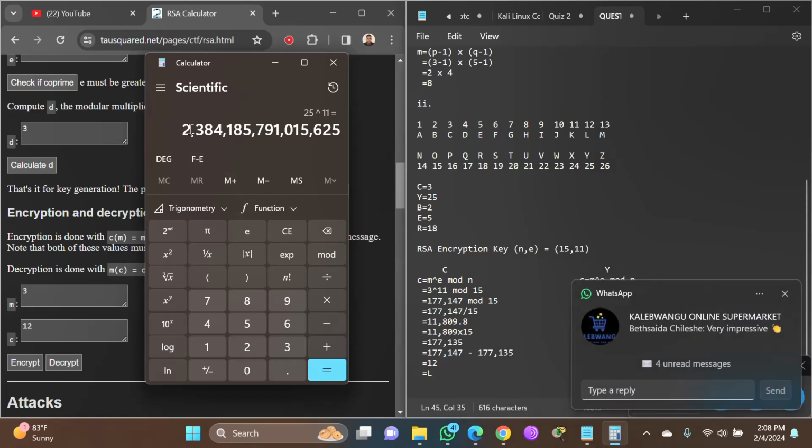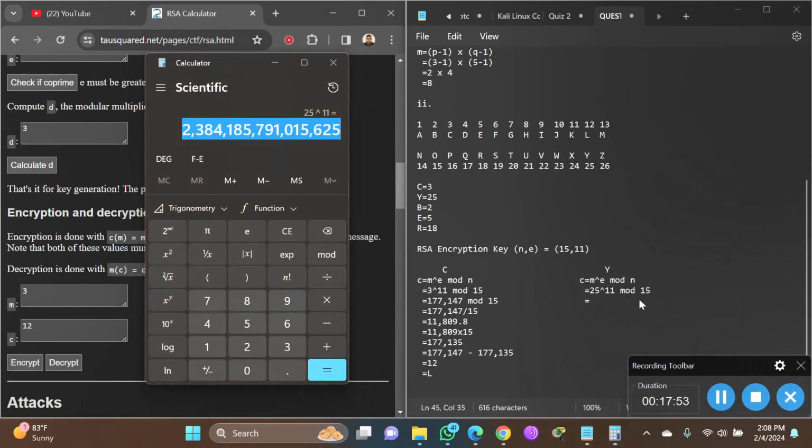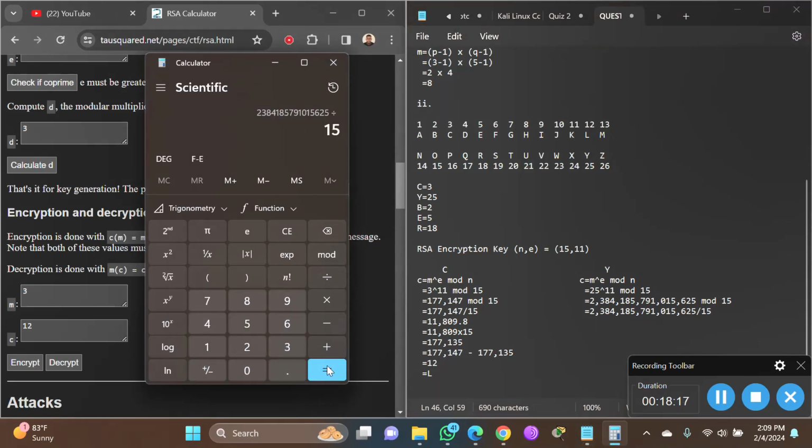So we'll get this whole number, a big one. Okay, and then we'll paste it here like that. We say mod 15, but remember this mod again can be represented as such by saying slash the denominator, or divide by the denominator. So we need to divide this number by 15. Then here we'll just get up to 2 decimal places.